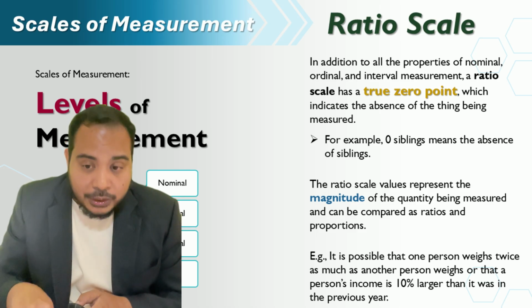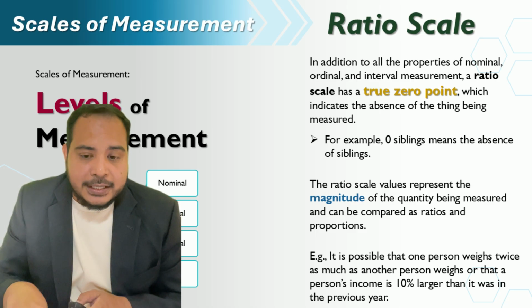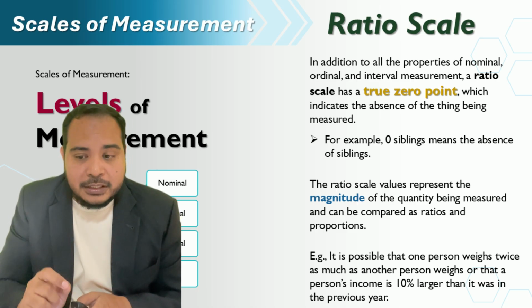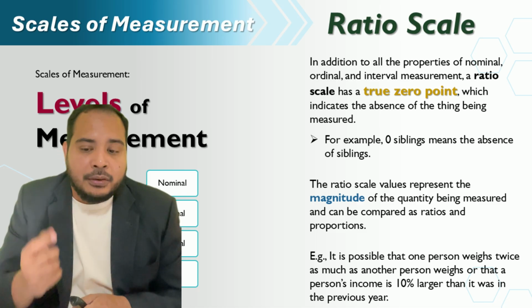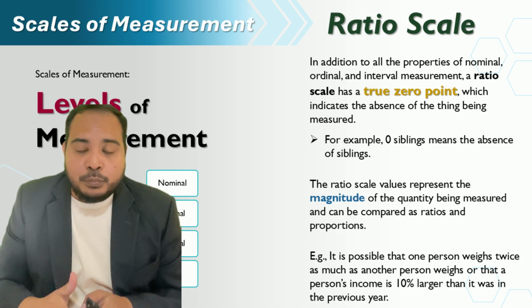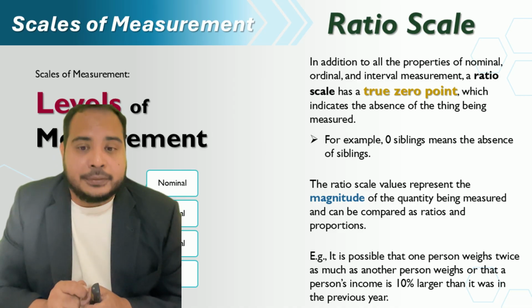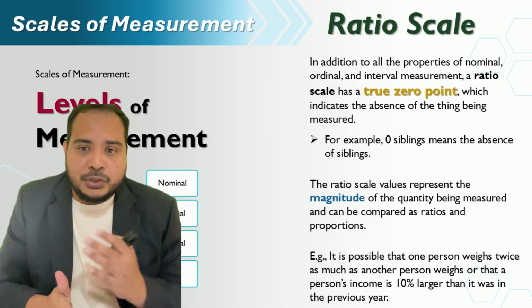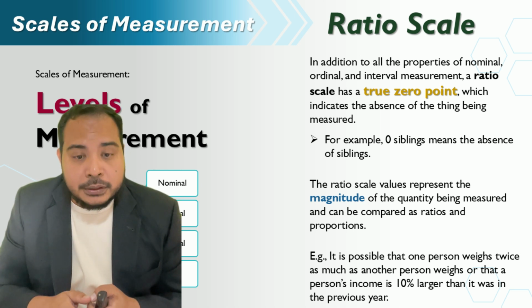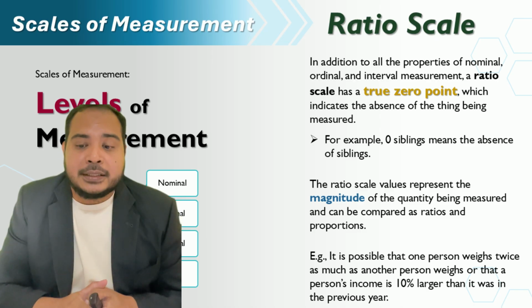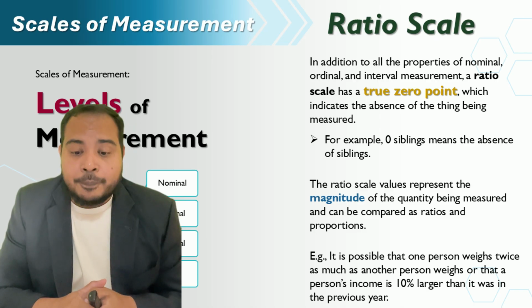So 0 under ratio scales has meaning, which indicates the absence of the thing being measured. For example, we ask people to indicate how many siblings they have. One person puts 5, one person puts 2, and another puts 0. So 0 here has meaning: he or she has no siblings.